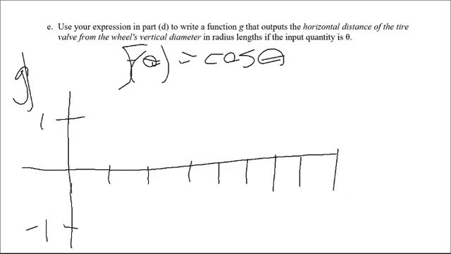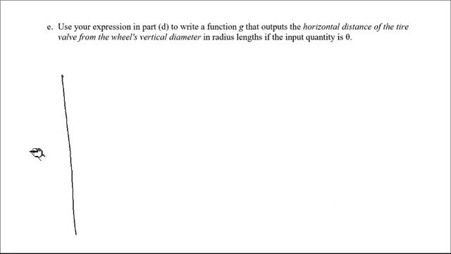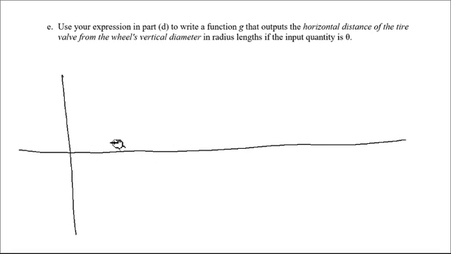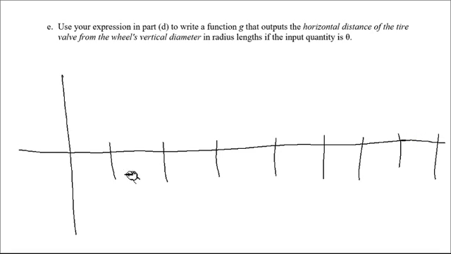That just isn't going to cut it, is it? See if I can get nice equal spacing here. Okay, that would be 1 radian, 2 radians, 3, 4, 5, 6, 7, 8 radians.